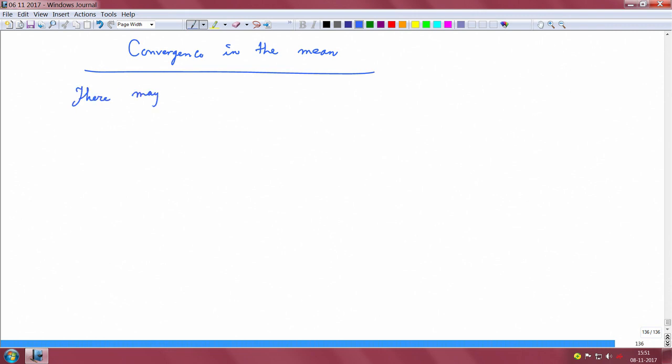Now, let us slightly interpret convergence in the mean. There may be cases where the Fourier series does not converge uniformly or pointwise.